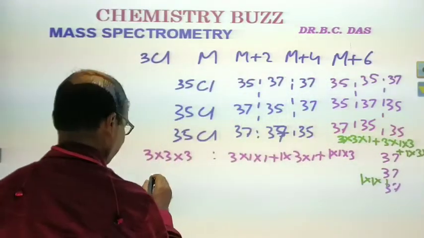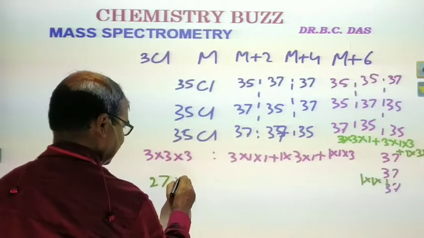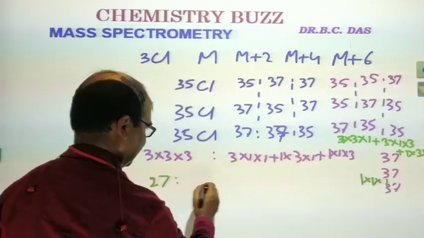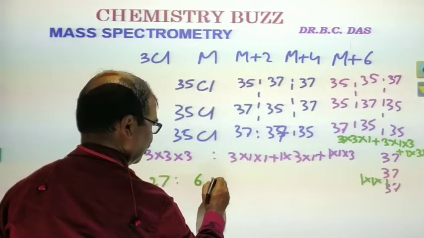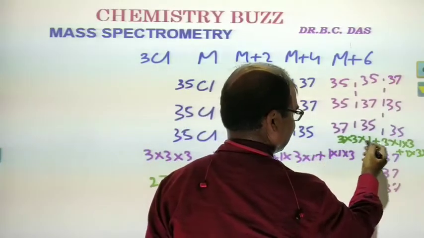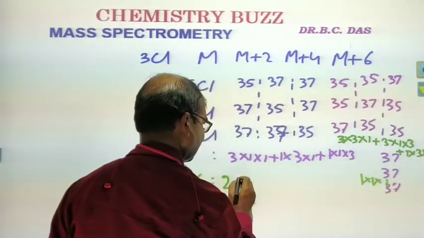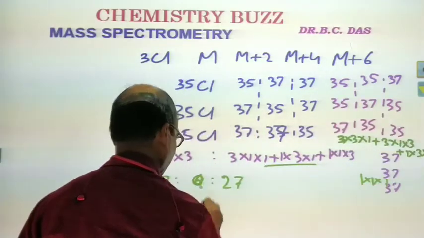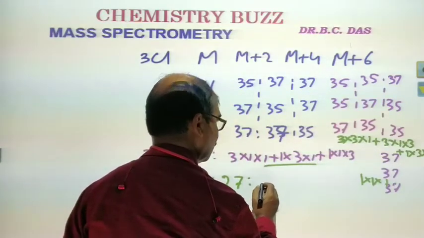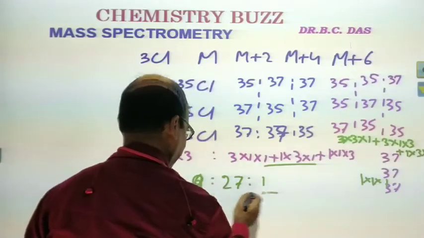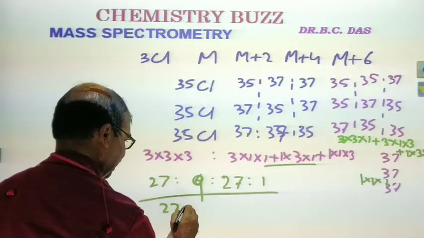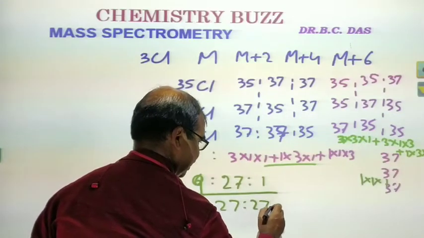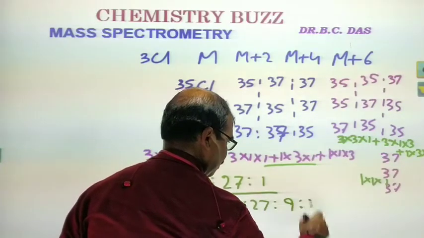So the ratio is 27 is to 27 is to 9 is to 1.